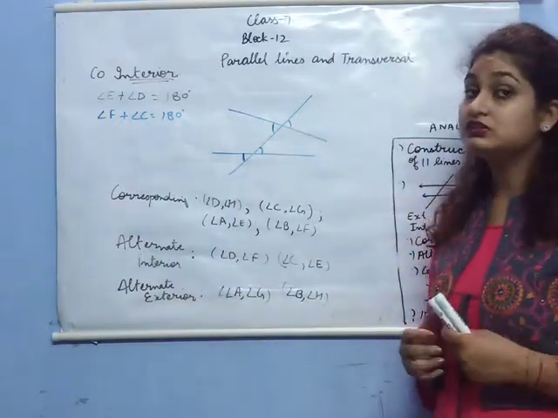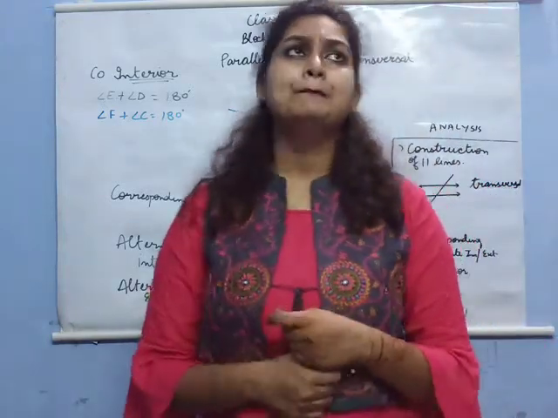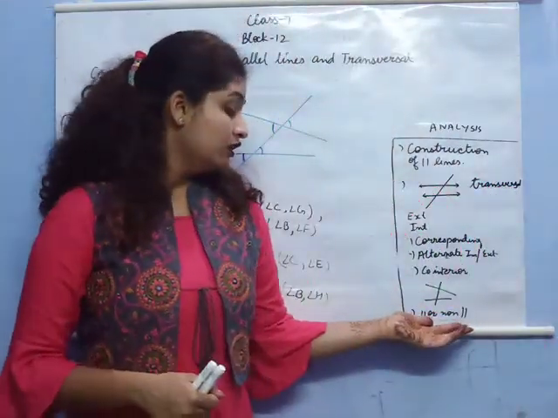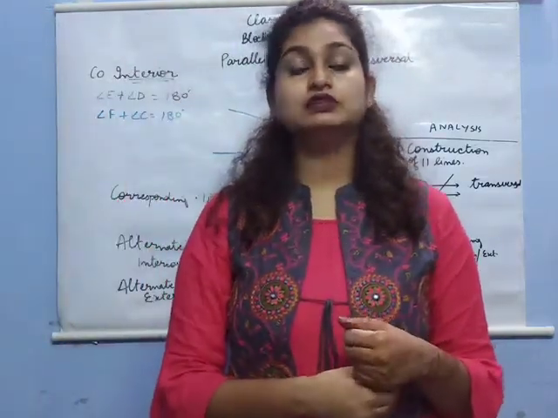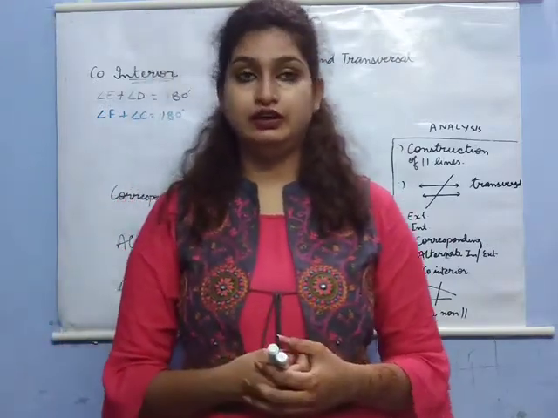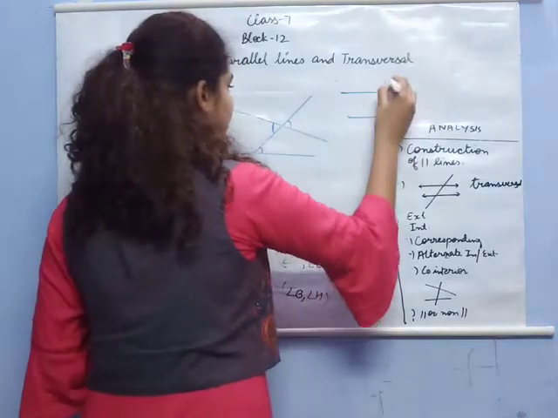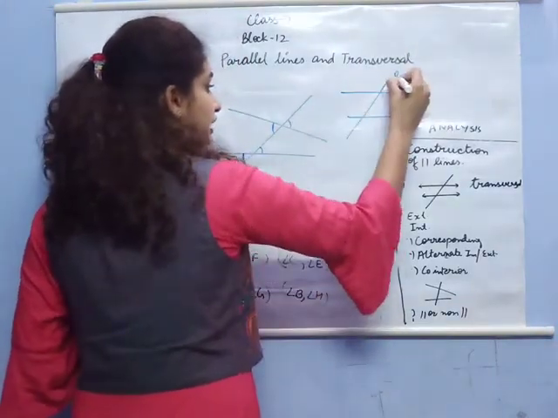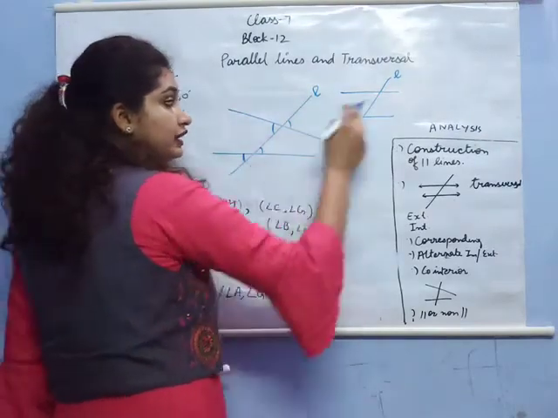So I have a question for you. How will you know whether the lines crossed by the transversal are parallel or non-parallel? How are you going to identify that? With the help of these angles. Suppose this is the transversal L and this is also transversal L. Here also it is making corresponding angles and interior angles.